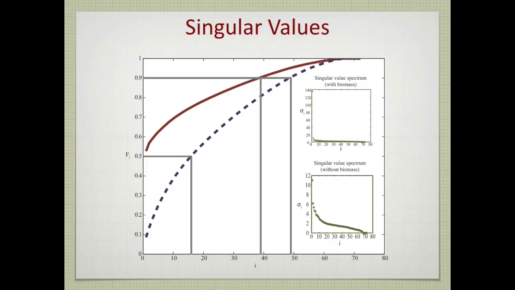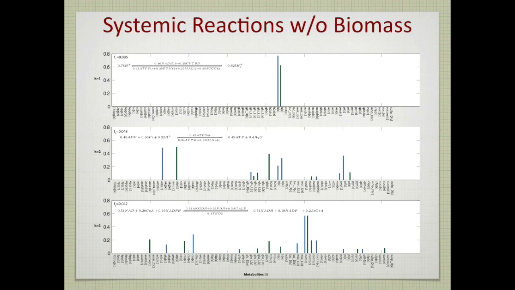Now I can look at these eigenreactions that we talked about. And here they are. This is without the biomass, and the top panel shows the first mode. All the compounds that participate in that mode are shown on the x-axis. And I know you can't read this.